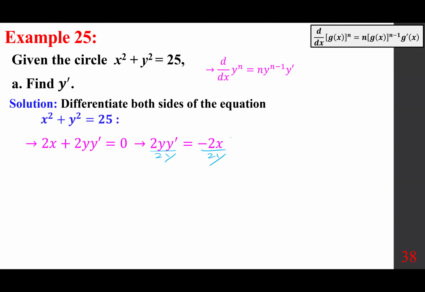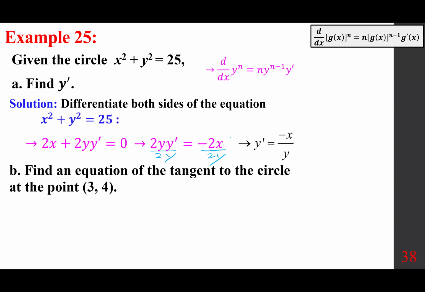Divide by 2y and simplify. Becomes negative x over y. We're done.